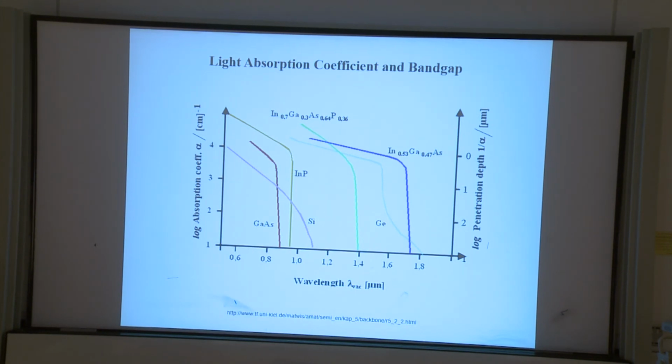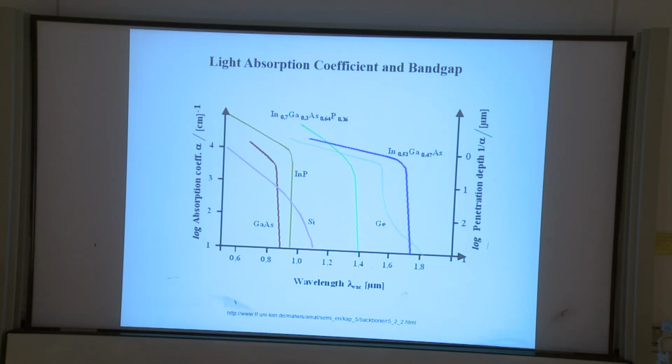So this is gallium arsenide, and this is indium phosphide. Now I'm asking you, which one has the bigger band gap in terms of energy? For sure, it's not wavelength.